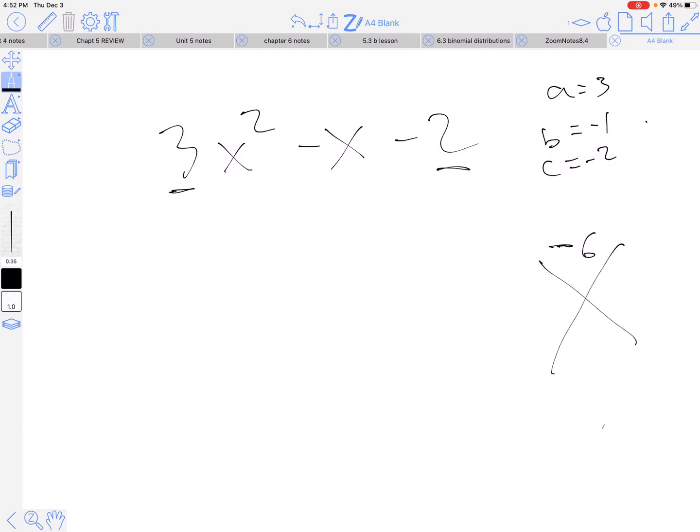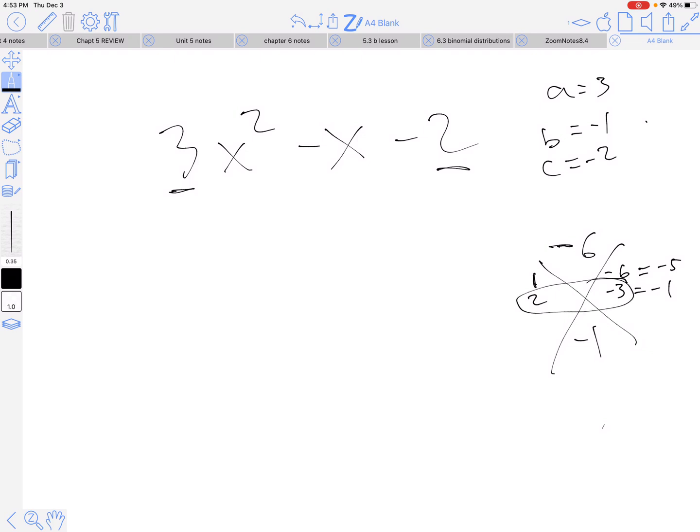We've got to think what multiplies to create it, but what adds to create negative 1. So I know that 1 times negative 6 creates negative 6, but that's going to give me negative 5 when I add them. And then 2 times, so if you've noticed, I always just start with 1 and just think of the multiplication working my way up. 2 minus 3 is negative 1. Bingo, found it. I don't have to write any more.